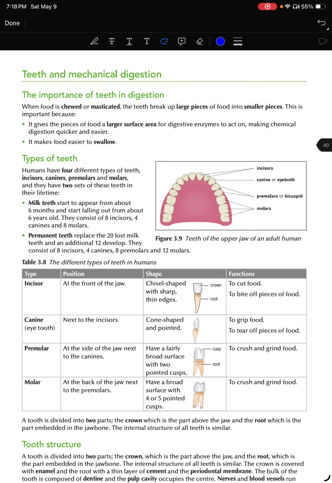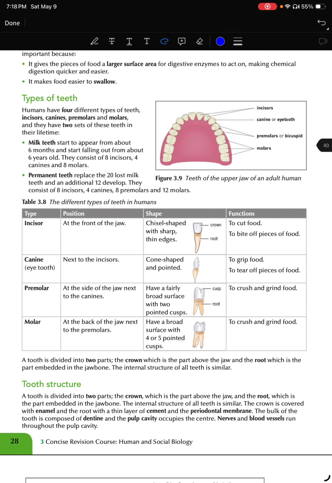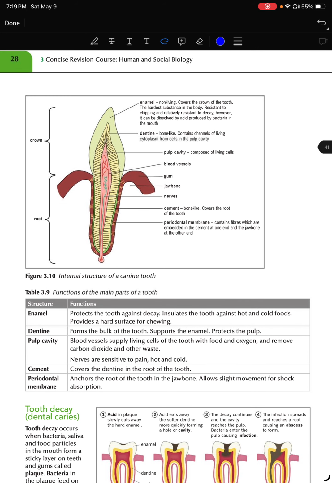So when we look at the teeth, we just need to be aware, of course, of the various types, the molars, premolars, canines, incisors, and how the premolars and molars are the ones that assist mostly with crushing and grinding. The incisor and canine are cutting and biting off pieces of food.